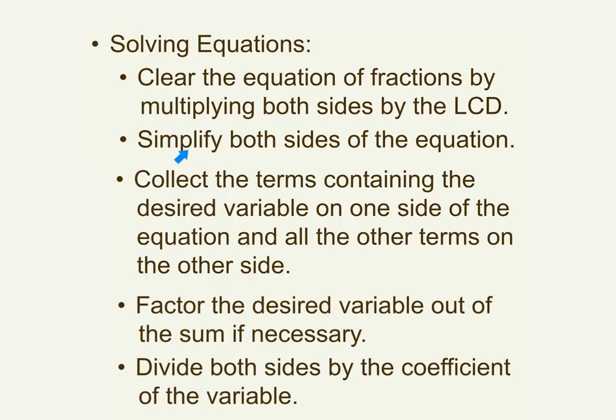Go ahead and combine those, and no parentheses left. Then you want to put variables on one side and your numbers on the other. Variables on one side, numbers on the other. If you have extra variables and you're actually solving for one, you may have to factor things out. But your final step is going to be divide by whatever's in front of that x. Divide by that coefficient so that you now have that x completely by itself.